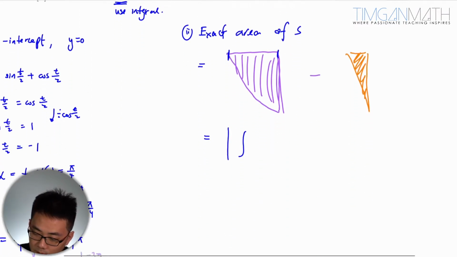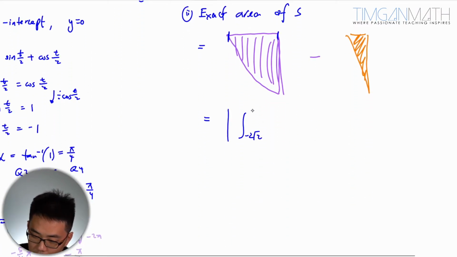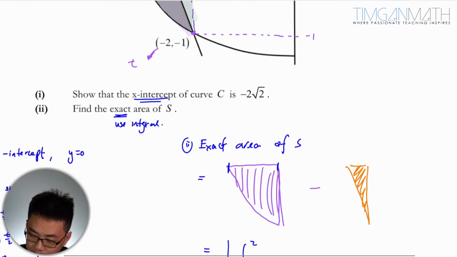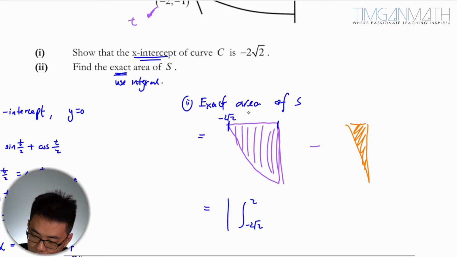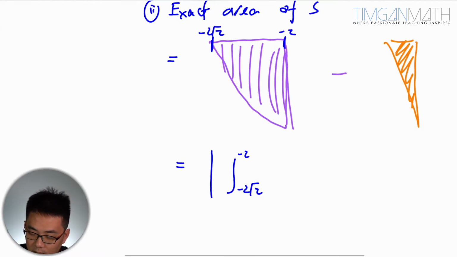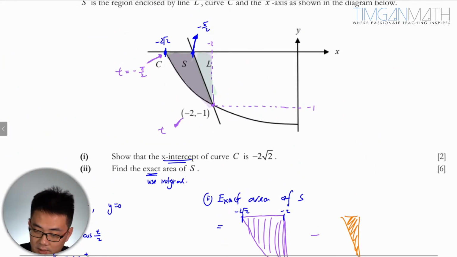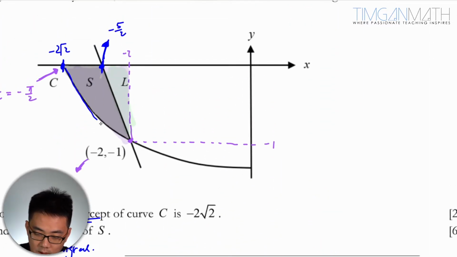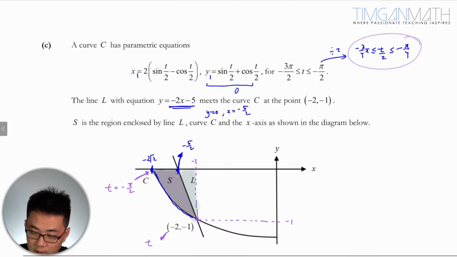So we start from -2√2 to 2. So you start off with the smallest to the bigger value, and after which we're going to use y dx, right? So it is y dx here. This y will just be the y of the curve here, we're going to use the y of this curve here.